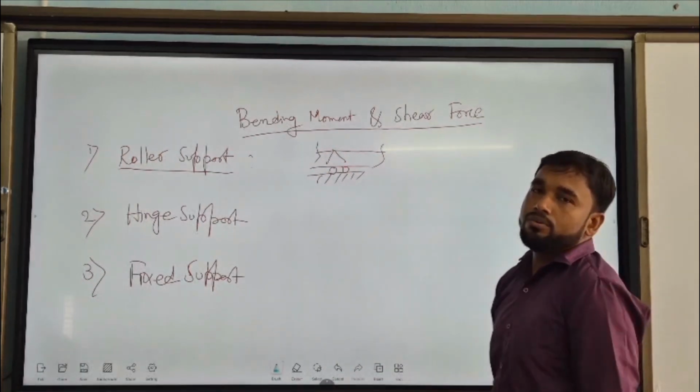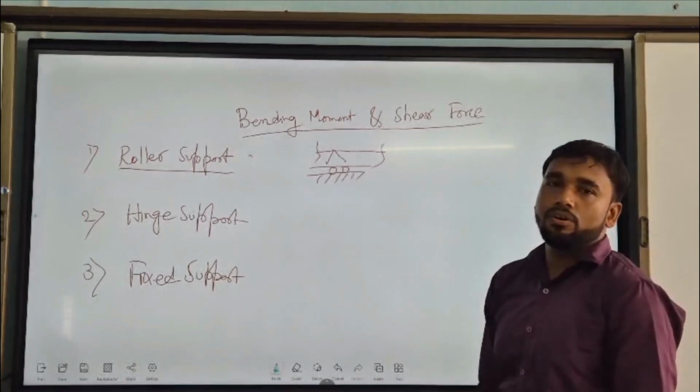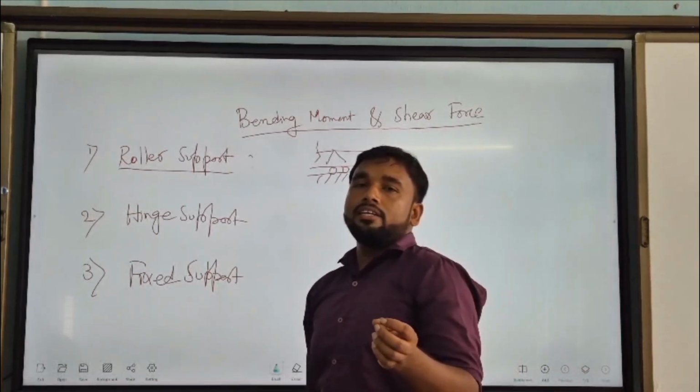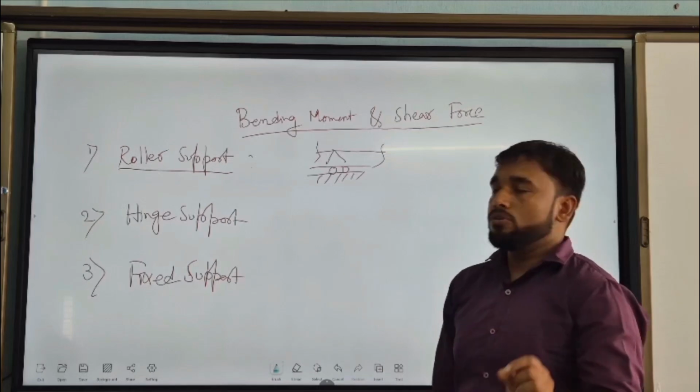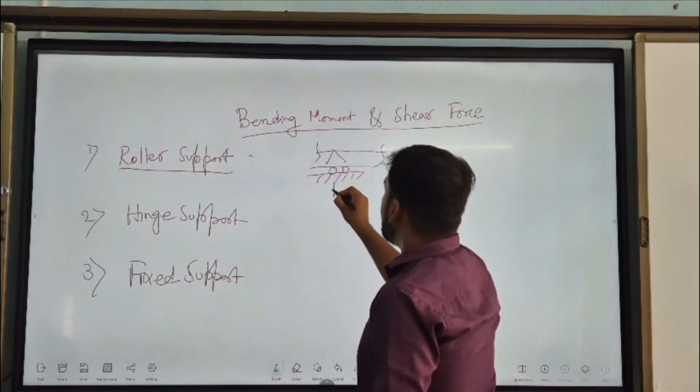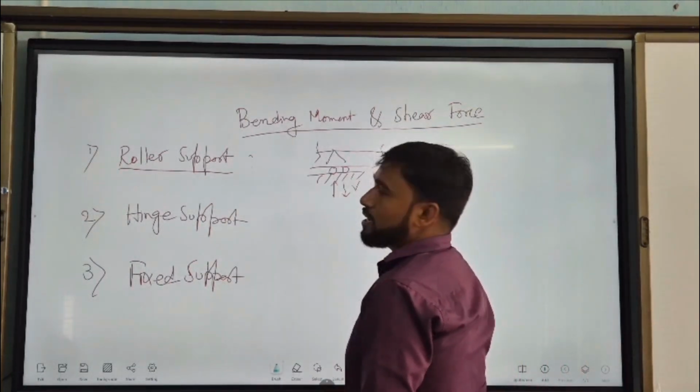A roller support is one which resists in the vertical direction only. That means horizontal displacement and rotation are not restrained in a roller support. So the reaction is only vertical.